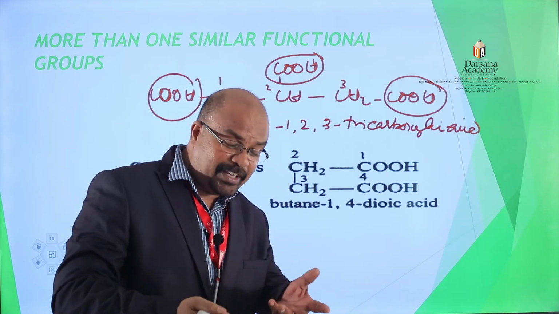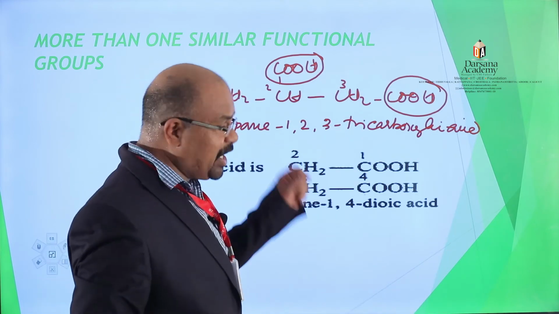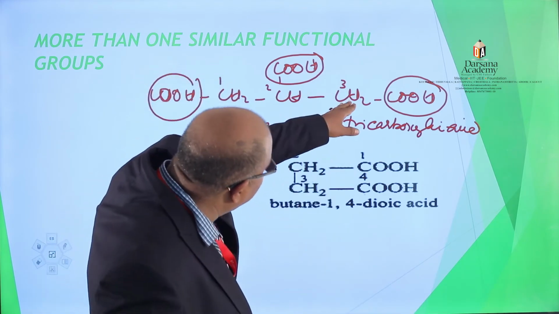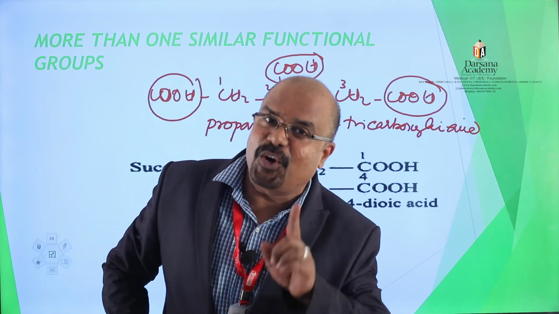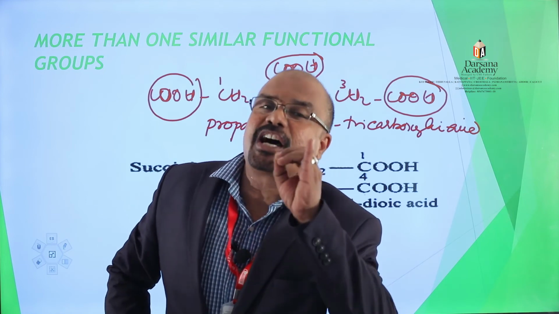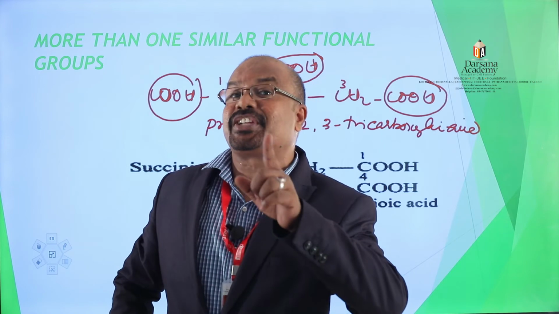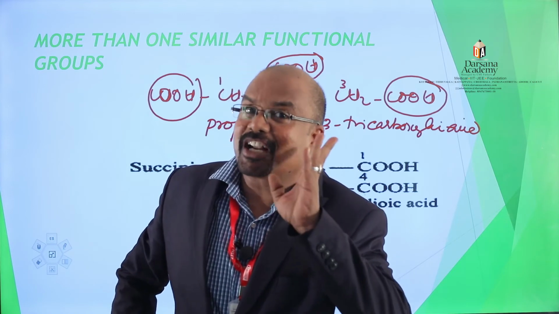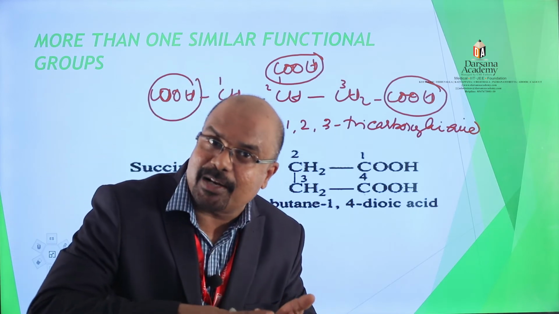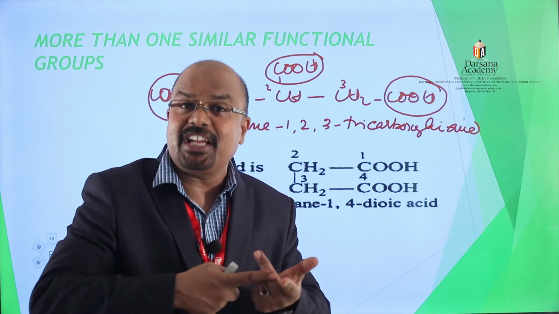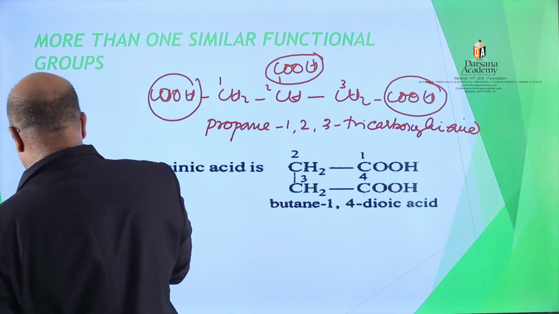After dioic acid, we use tricarboxylic acid, tetracarboxylic acid, etc. The same way, if a nitrile group comes 3 times, we use tricarbonitrile, not trinitrile. The aldehyde, tricarbaldehyde. So tricarboxylic acid, tricarbonitrile, tricarbaldehyde. Please remember. Clear? The next.